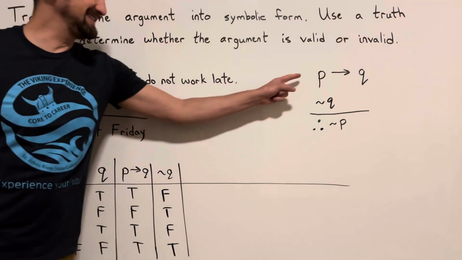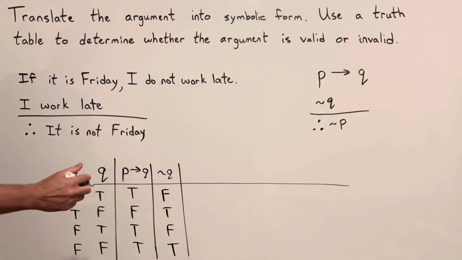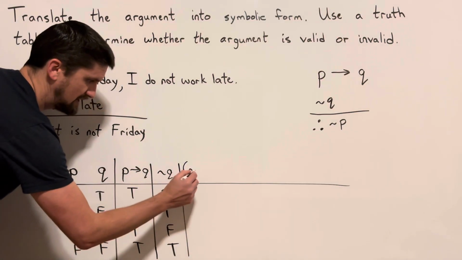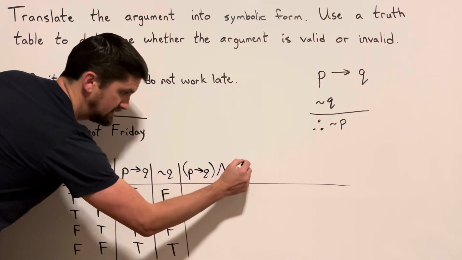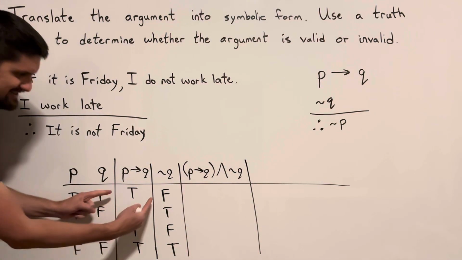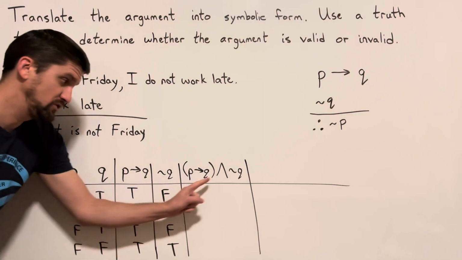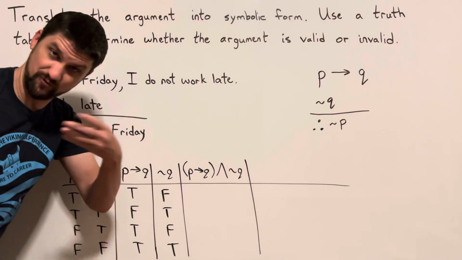Now I'm going to put these together with the symbol for and. So I'm going to put parentheses around if P then Q, and then I have the and symbol, and then not Q. So I'm looking at these two columns right here. When you combine two statements with the word and, it's only true if they're both true.